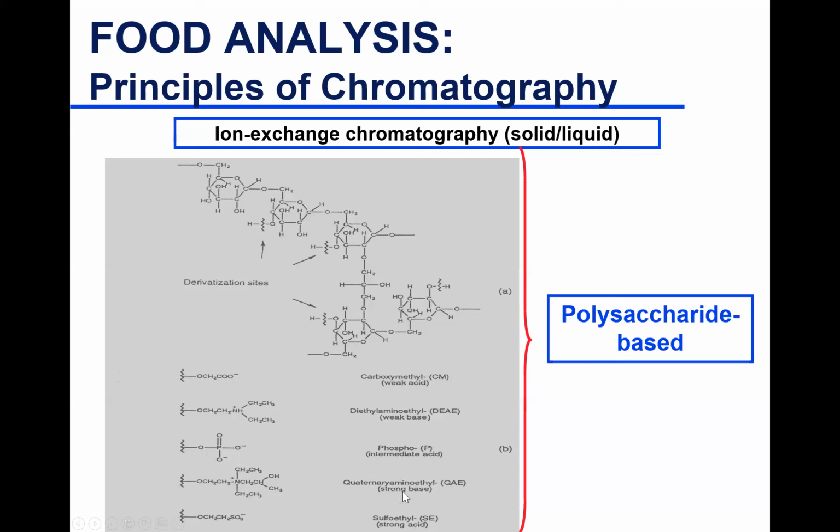In this case, the strong base is not impacted by pH change. So no matter how we change the pH, it will still carry a positive charge. And no matter how we change the pH for the strong acid, it will still carry its negative charge. So this one is not easily protonated, and this one is not easily deprotonated. In this case, we often run an isocratic separation.